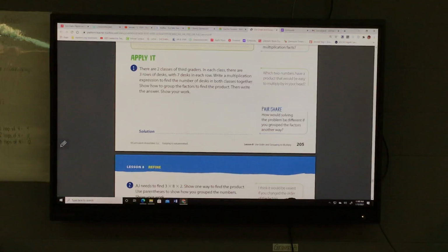If you need to use, for right now, we won't use these forever, but if you need to use your math reference sheet to help you double check your fact answers when you're multiplying those, you may do that.